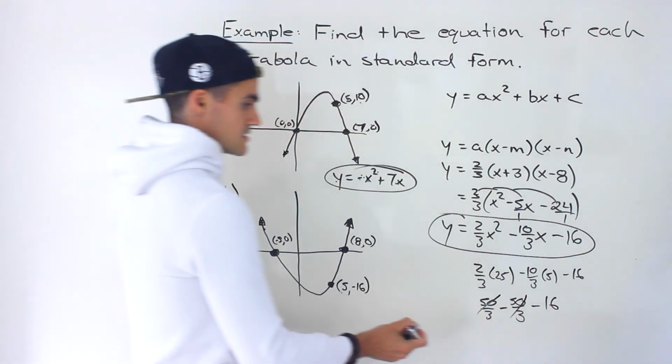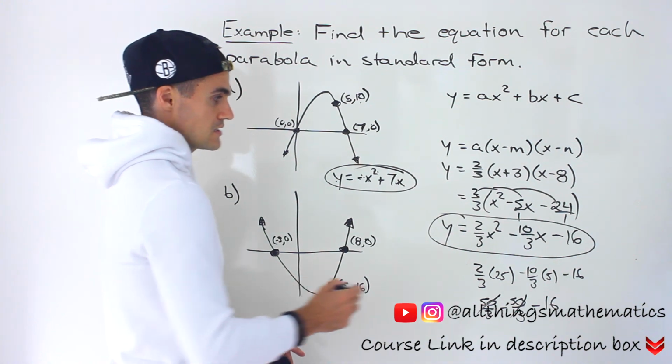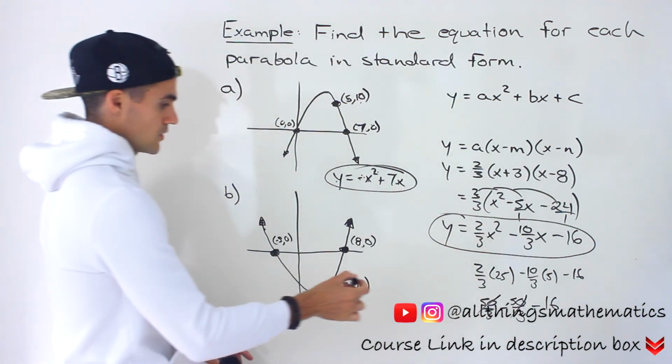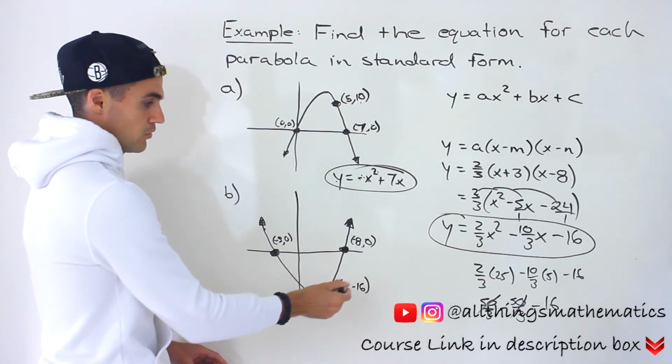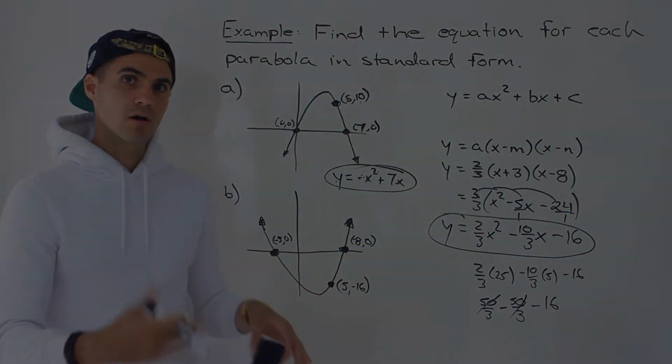These net out to 0, and you end up with that y value of -16. Okay, so whenever you get these equations here, you can take each of your points, plug in the x values, and make sure you get the corresponding y value.